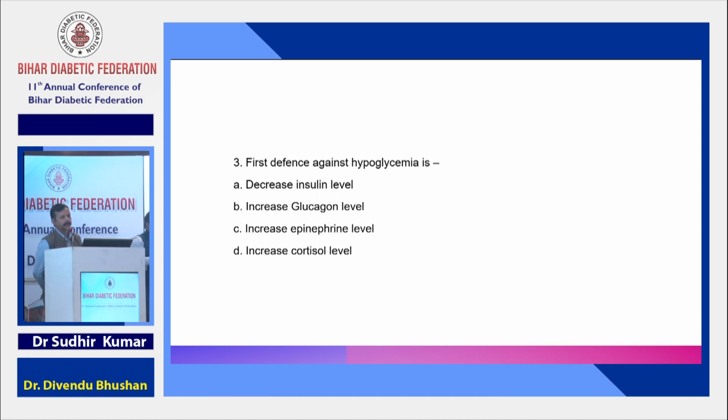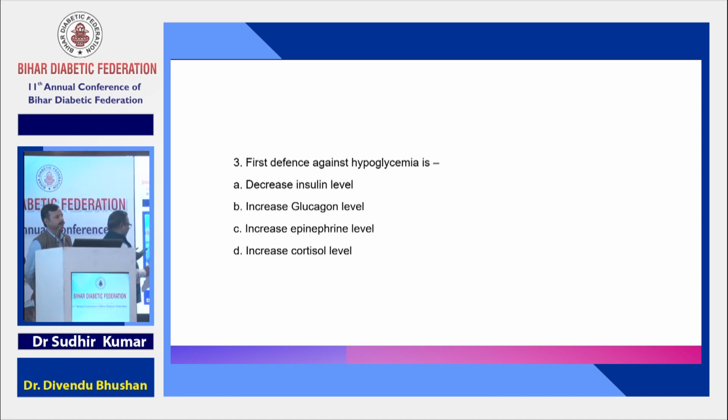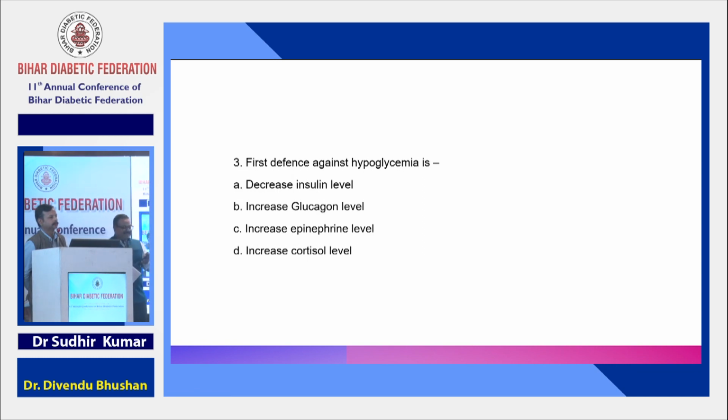There is no negative marking, so you can answer fast. Time is going. No sir, don't create problems like this. Sir, there is marking. Increase epinephrine. Wrong answer. Very good. Decrease insulin level is the first defense. The children are getting hypoglycemia, sir.